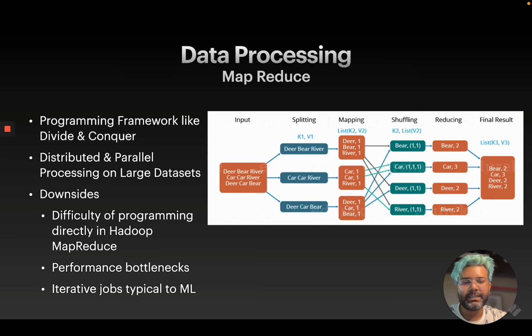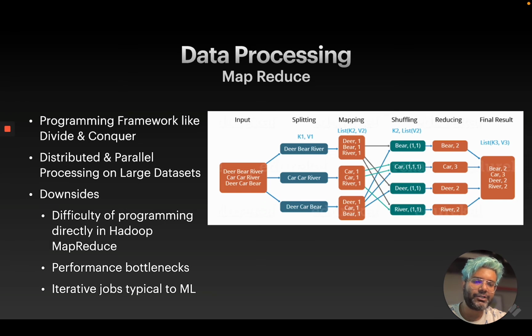Then there is a shuffling step that happens, and in this step basically the output from the mapping stage is shuffled so that you have a key that is still your unique key, because that's what we want, but your value now becomes a list that contains as many elements as the number of times it was observed in the mapping phase.